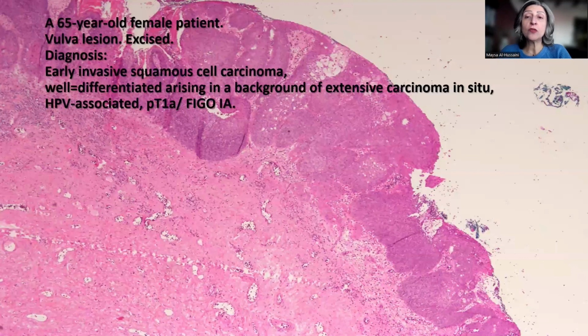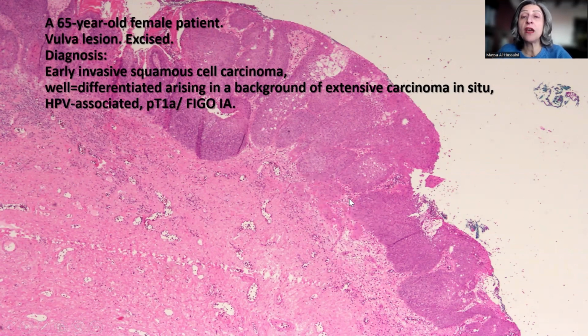Now, the final diagnosis that was rendered in this case is early invasive squamous cell carcinoma. The stage of this case is pT1a, FIGO 1A, because those invasive foci are 1 millimeter or less from the adjacent ridges from which they have originated. And remember that this is considered to be well-differentiated squamous cell carcinoma.